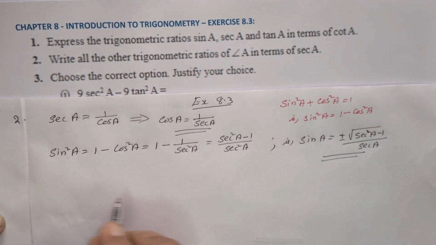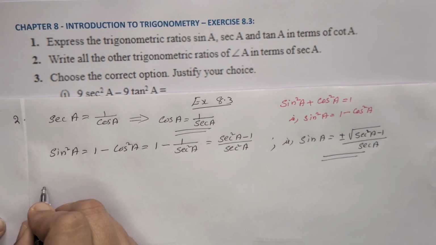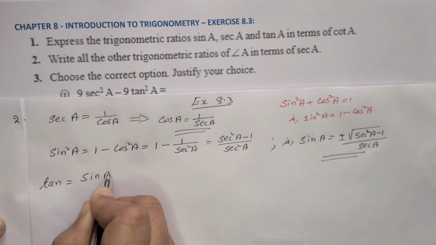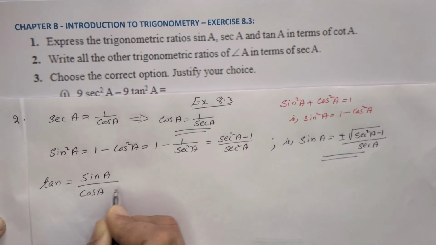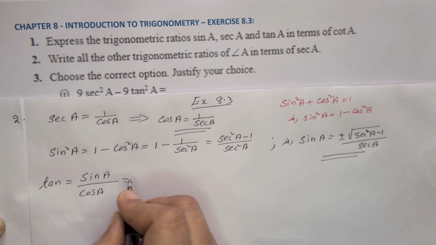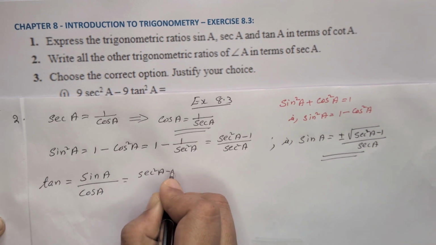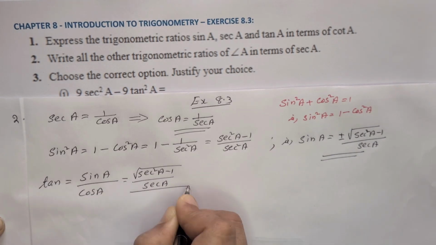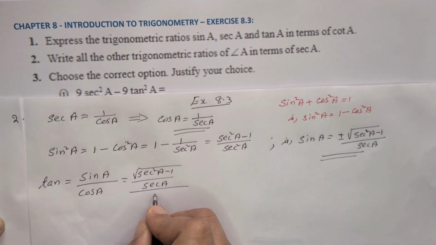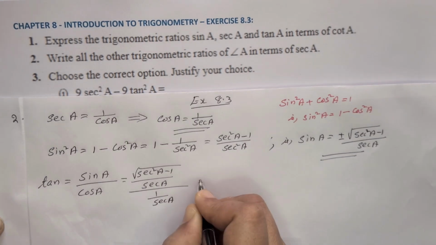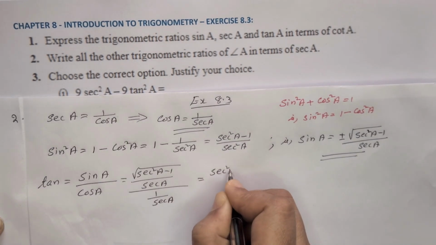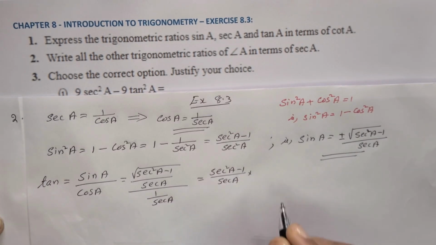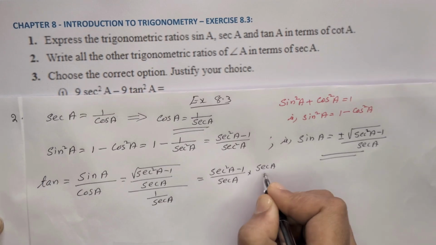Then next, tan. Tan A is equal to sin A by cos A. Here sin A is root of sec square A minus 1 by sec A. The whole thing divided by cos A, which means 1 by sec A. This we can rewrite as root of sec square A minus 1 by sec A, and take the reciprocal of the denominator fraction, so sec A by 1.